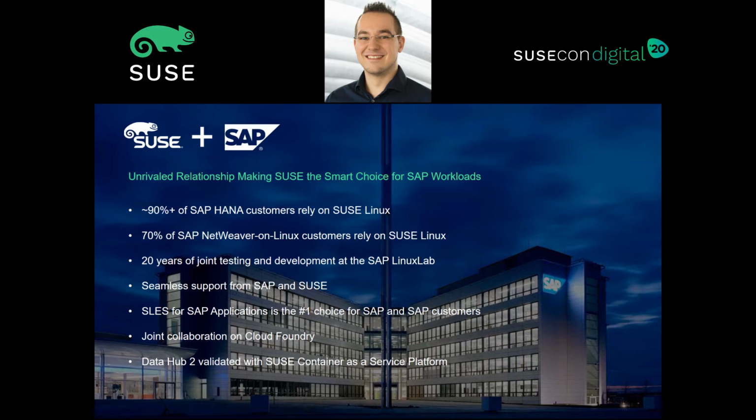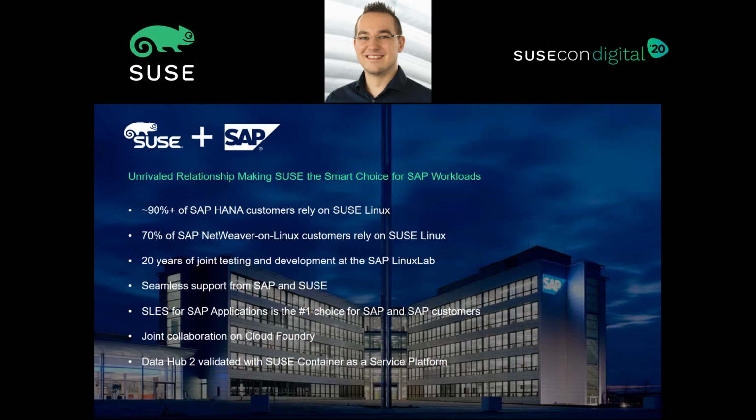As I already stated, the Linux Lab was founded over 20 years ago, so we can look back on over 20 years of joint testing and development at the SAP Linux Lab. The seamless support is shown at the third level support SUSE offers at the SAP Linux Lab, as well as the SAP developers getting supported by us. The result of this strong relationship and close work together is SLES for SAP applications, which is the number one choice for SAP and SAP customers.